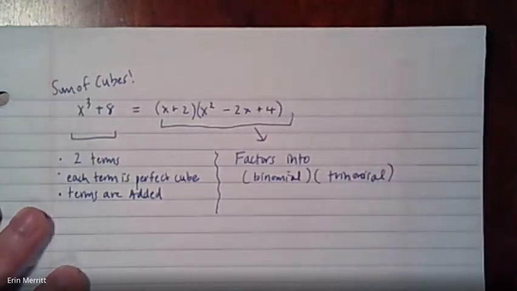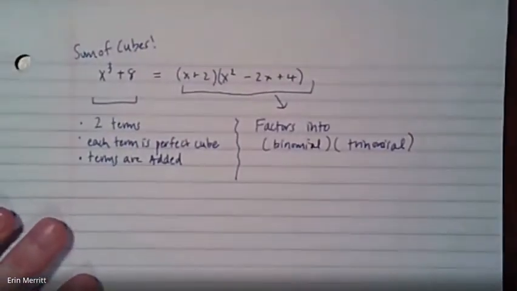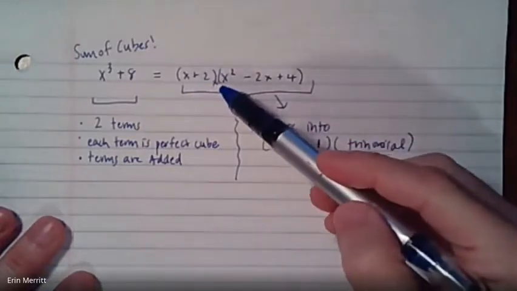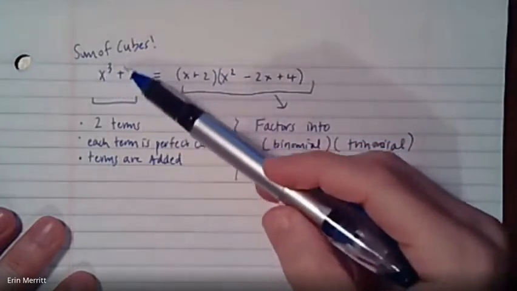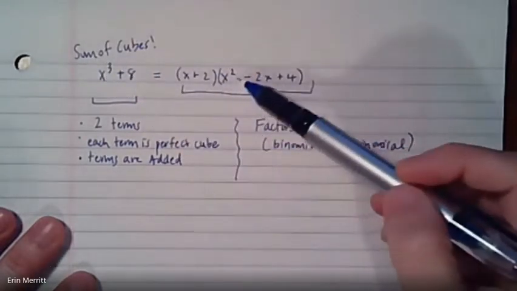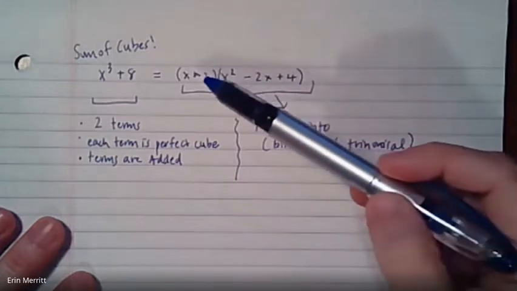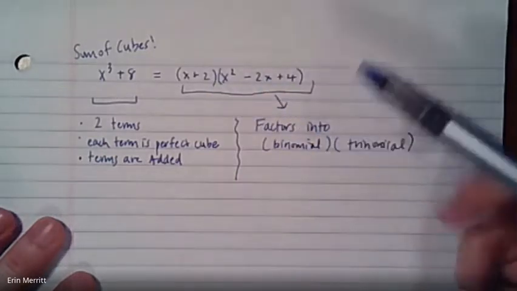Might be making up a little spelling there. All right. In the first parenthesis, there's a couple of things. Well, x and 2, those are actually the cube roots of what you're seeing over here. Right? As for what comes for the second part of it, it's kind of a combination of taking those values and squaring and multiplying and so on.